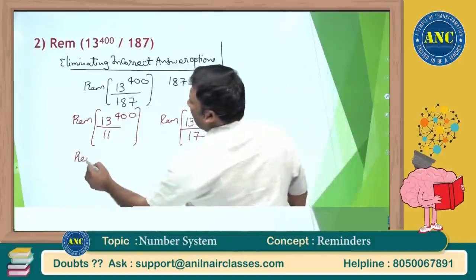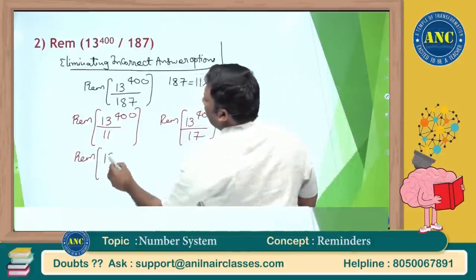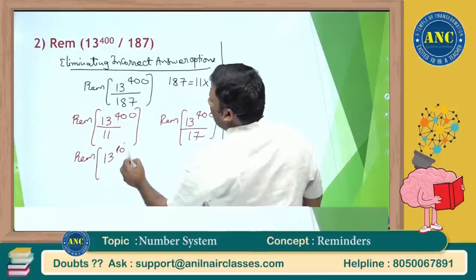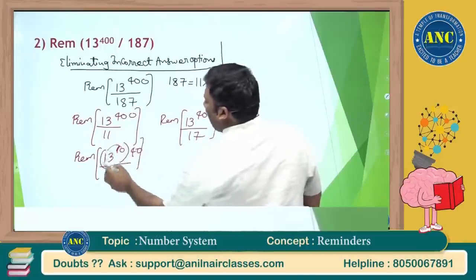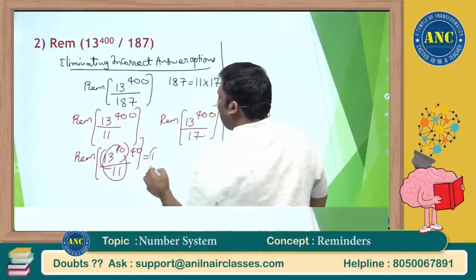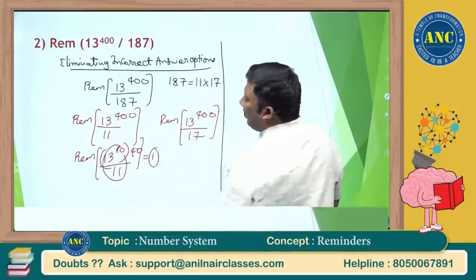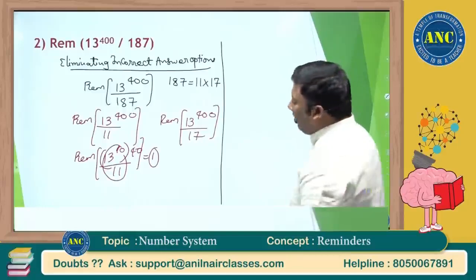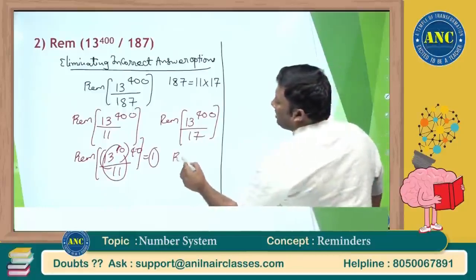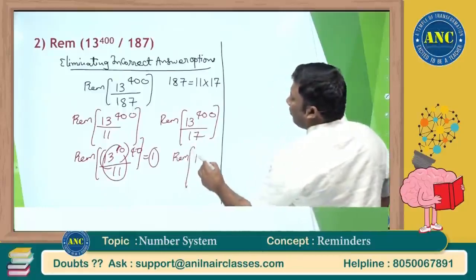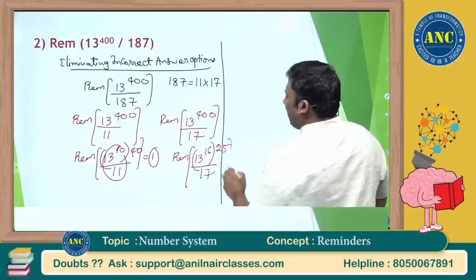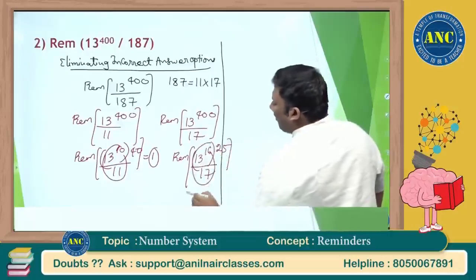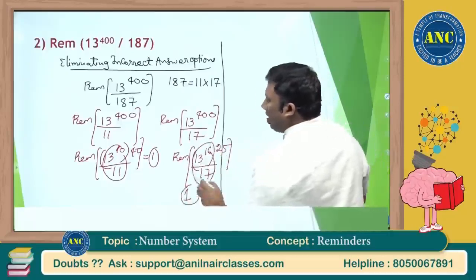11 is a prime number, so 13 power 10 into 40 divided by 11 gives the answer 1. When divided by 11, it should give a remainder 1. For 17, the power will be 16, and 13 power 16 divided by 17 gives remainder 1.